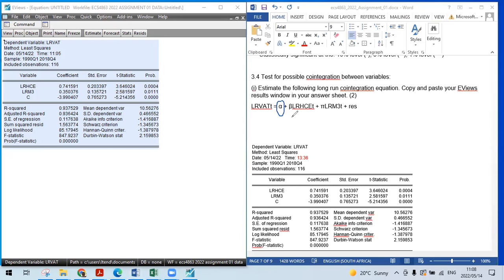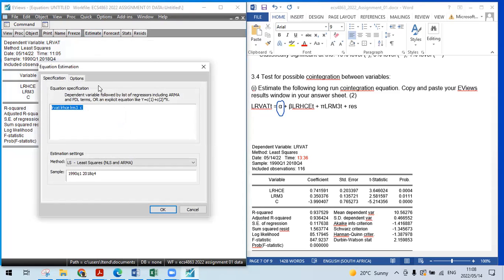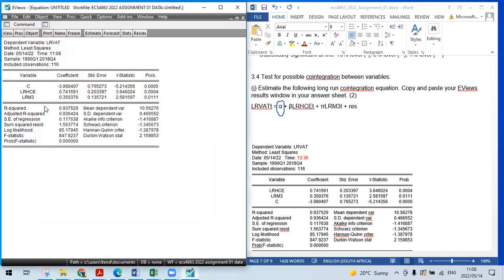Sometimes they say copy and paste, or put your results here, so it's one and the same thing. You can go back to estimate, and it will give you back your equation. You remove this C here, then put a C here and a space, so you start with the C. It's still the same though.